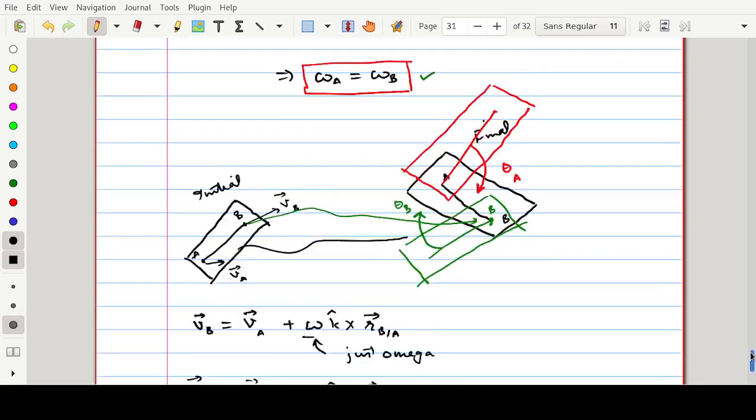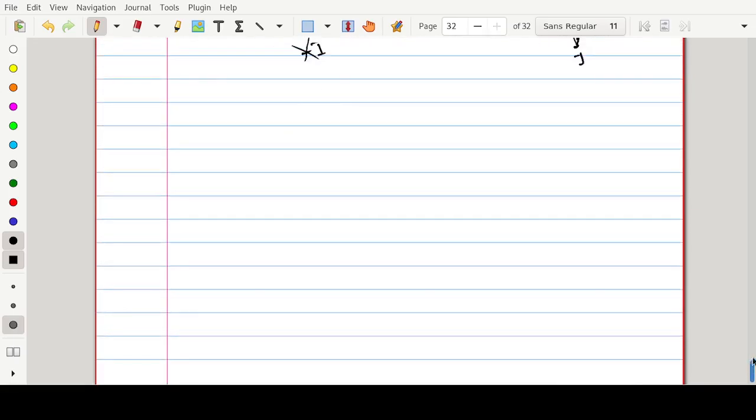Okay, so let me just highlight the main thing which is required for solving problems. For plane motion you have to use this relation: VB is equal to VA plus omega k cross rB/A.